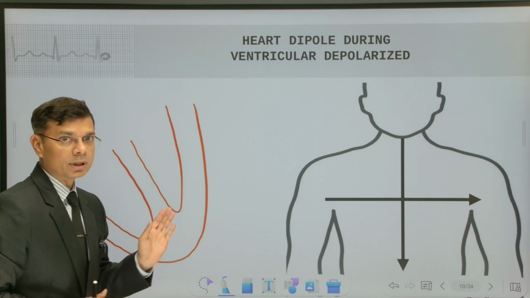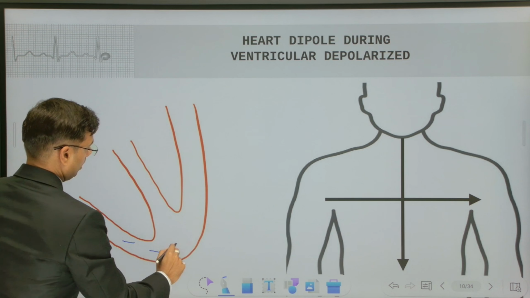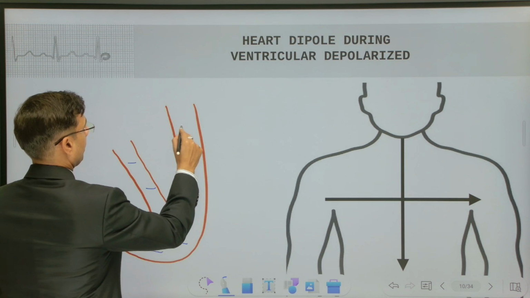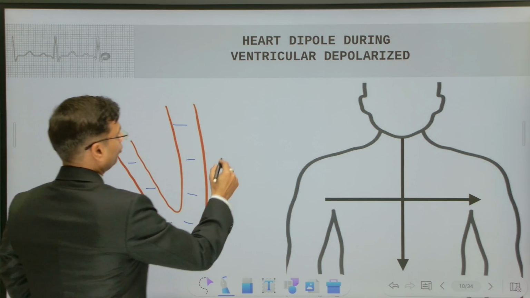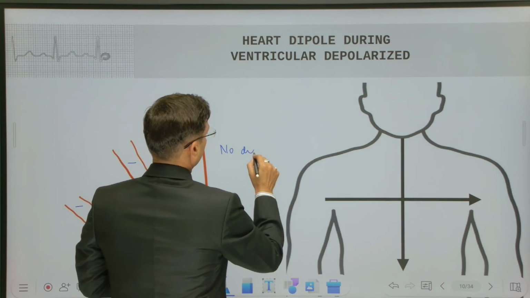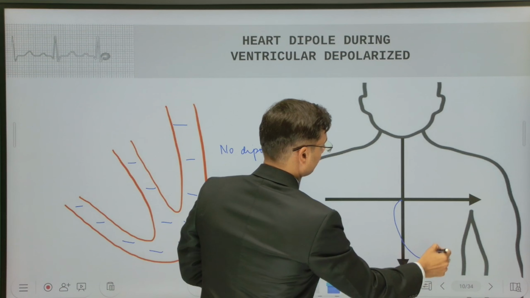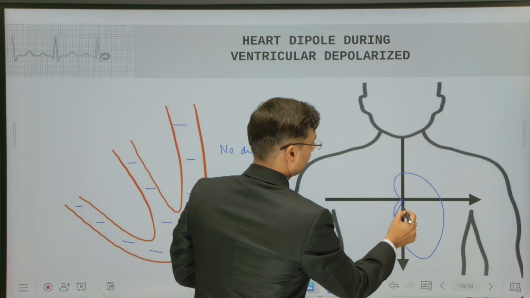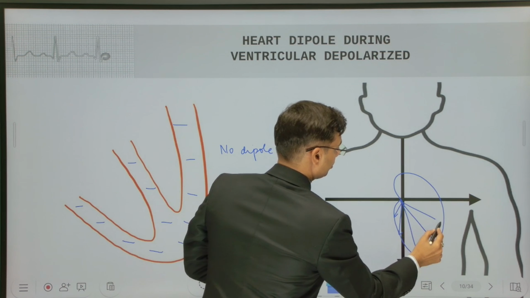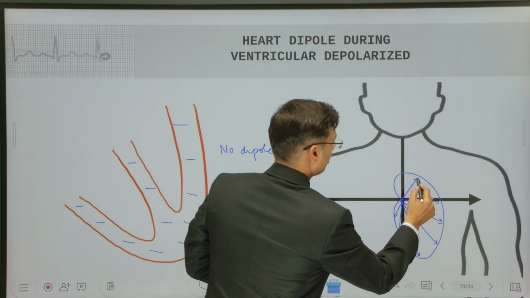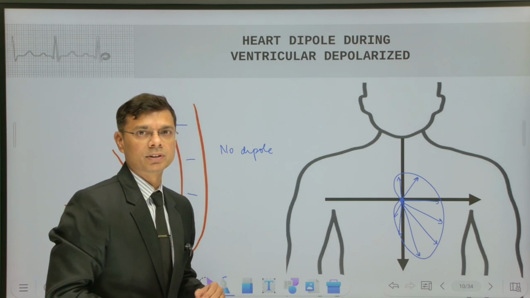Now we come to a stage when the whole ventricle got depolarized. Let's say it is depolarized. So what has happened? No dipole is formed here. So we got a loop something like this, where this is the septal vector initially formed, then the ventricle is forming these vectors, and finally again it comes to a zero point when there is no dipole.